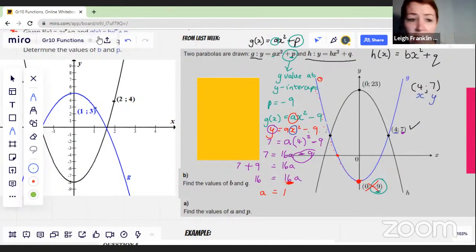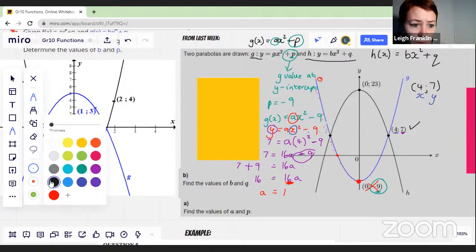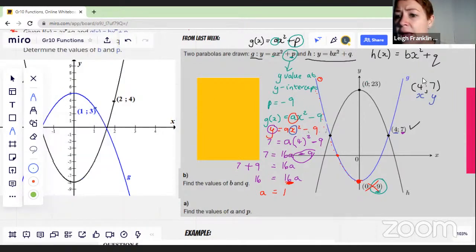And then somebody is going to need to tell me what the value of q is, first of all, and then what the value of b is, all right? So you're going to find q exactly how we found p, and you're going to find b exactly how we found A.